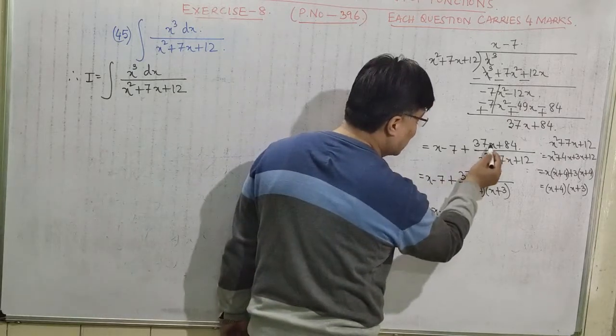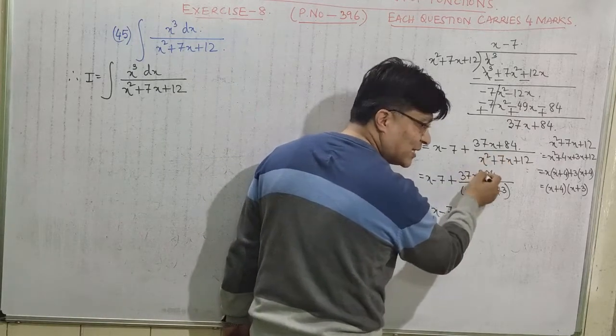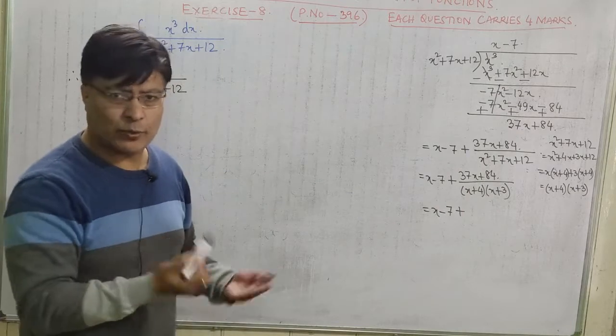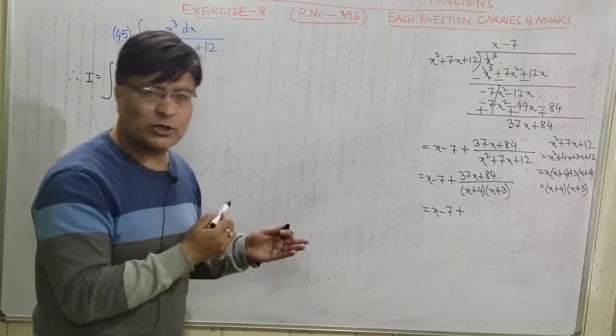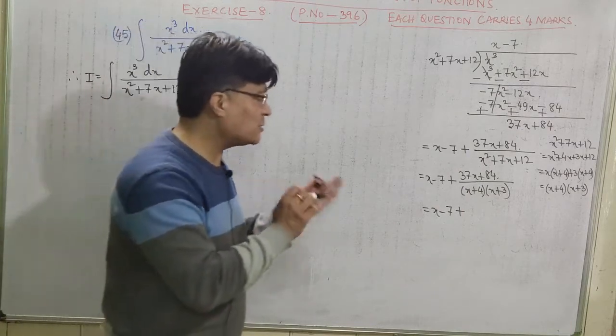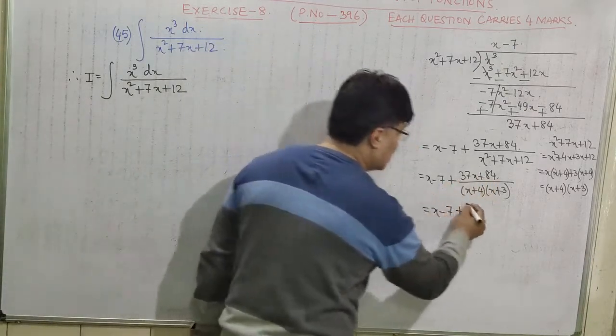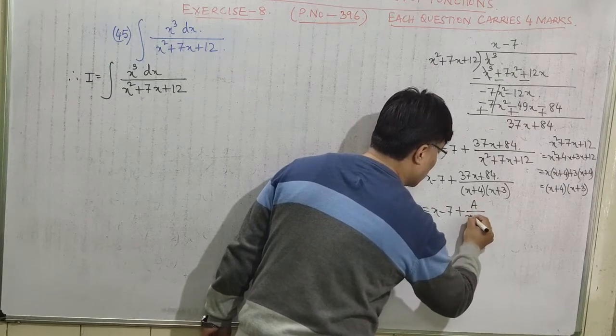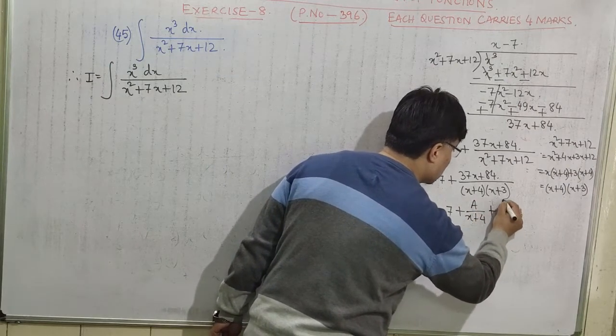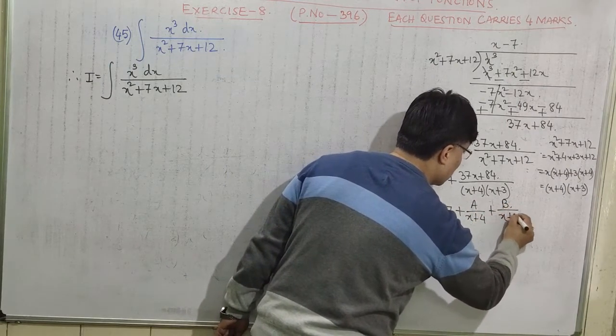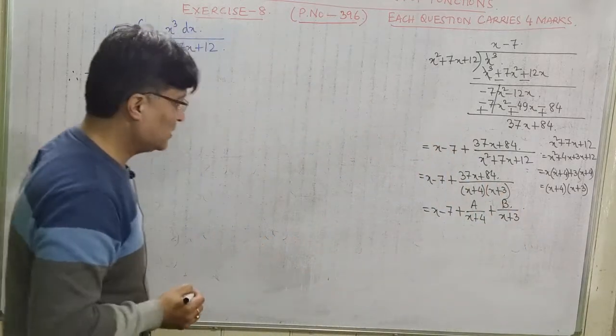In this case the highest power of x in the numerator is less than the highest power of x in the denominator. So that means you can change it into partial fractions, that is, it will be capital A upon x plus 4 plus capital B upon x plus 3.